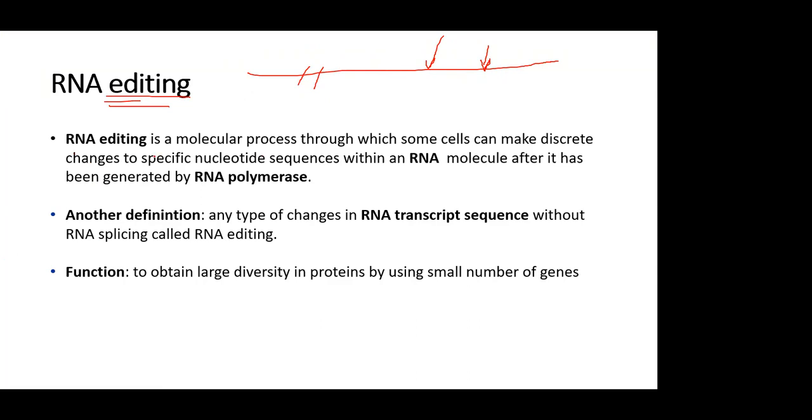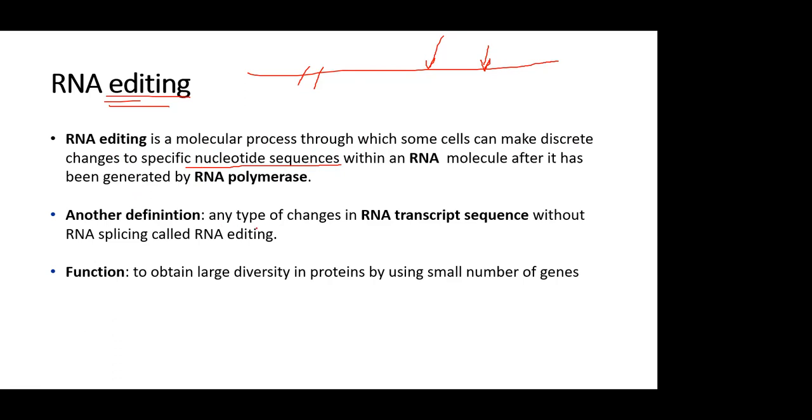So let's read the definition. There are two definitions here. The first definition says RNA editing is a molecular process through which some cells can make discrete changes to specific nucleotide sequences. So the change is actually in the sequence within the RNA after it has been generated. You already did the transcription, then one of the processes is going to be the editing, changing of the sequence.